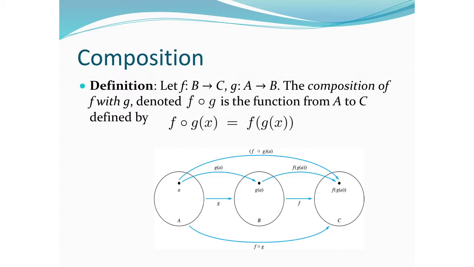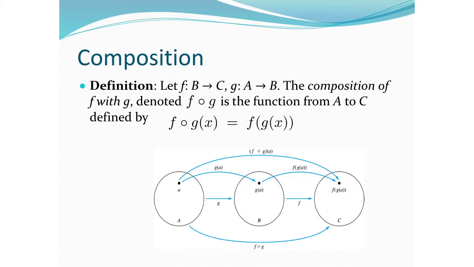You have to find g first, you have to find the relationship g of x first, and then find how it behaves under the function f. So you take a value, test it under the function g first, and then take the result from g of x and test it under the function f.